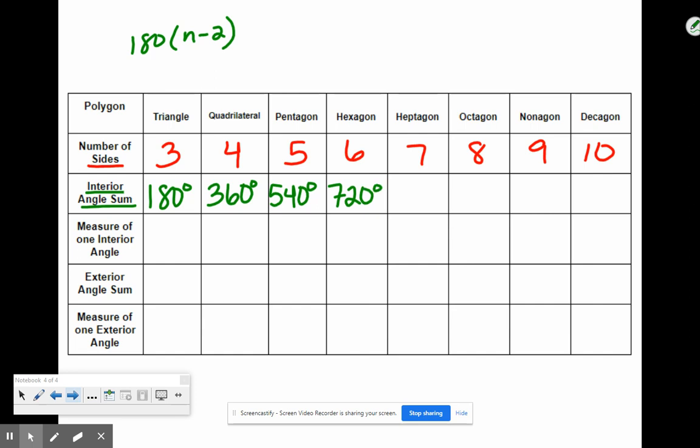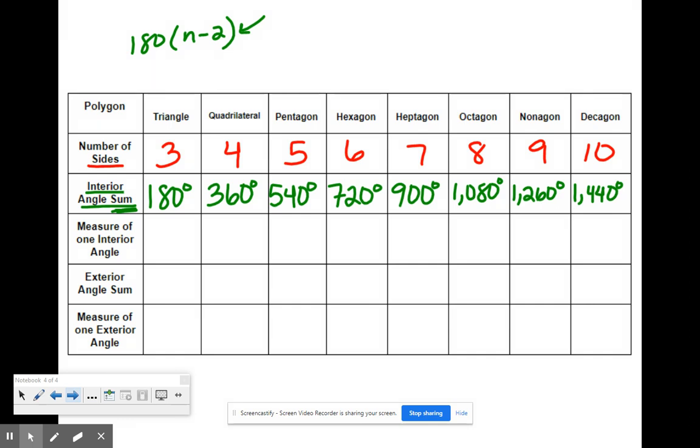Then you can put 7 in for n into our equation, and you should get 900 degrees. Then 1080 degrees for an octagon, 1260 degrees for a nonagon, and a decagon, 1440 degrees. Now that is for this sum.